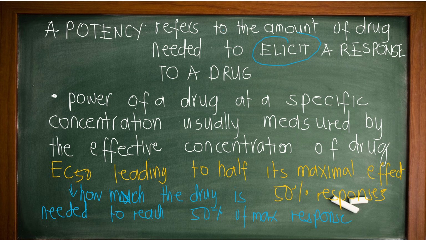So the more potent the drug, the easier for the drug to achieve the 50% maximum response, which is designated by your EC50, which can be directly obtained in a dose-response curve, which I will illustrate later. So the more potent the drug, it requires a lower dosage to produce the same effect as a higher dose of the other drug.